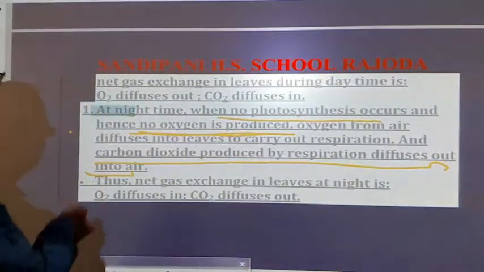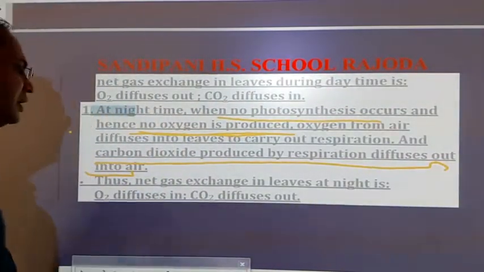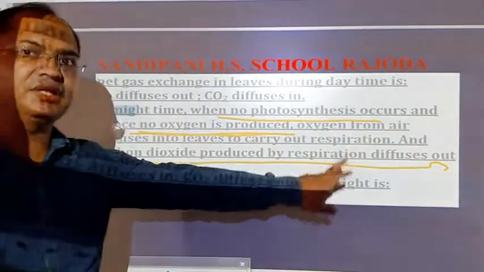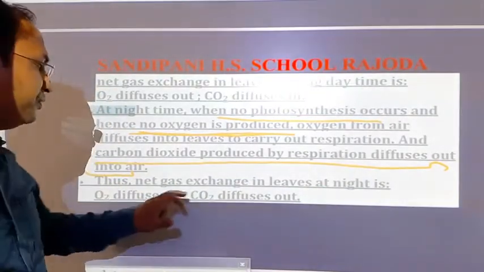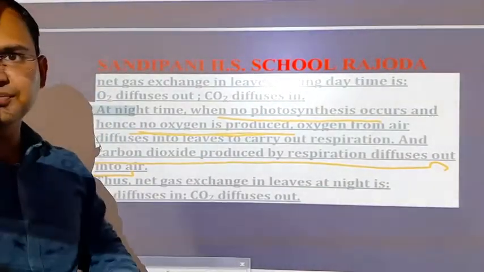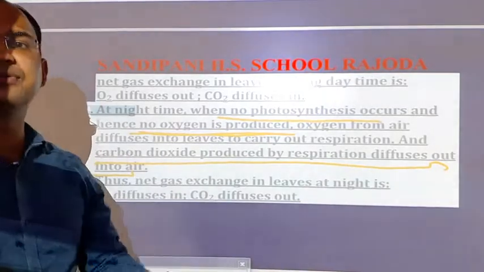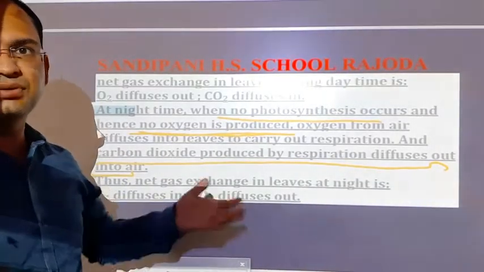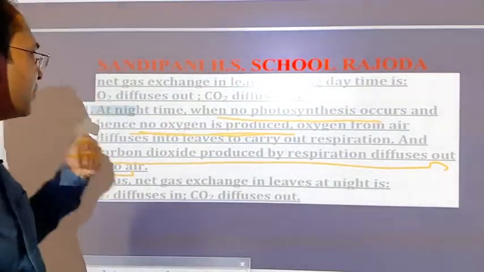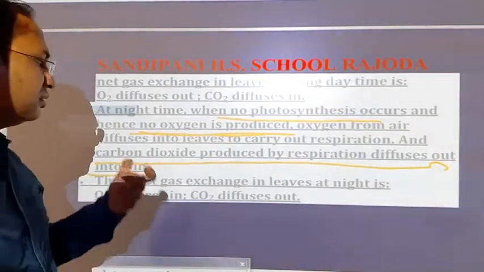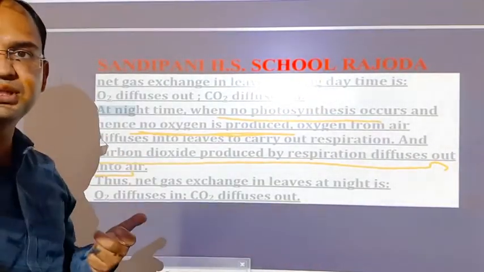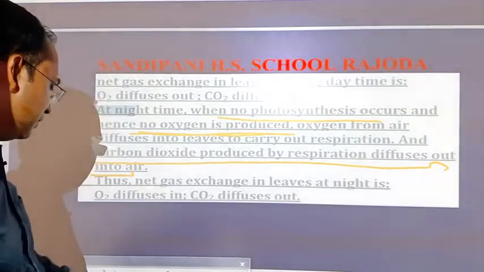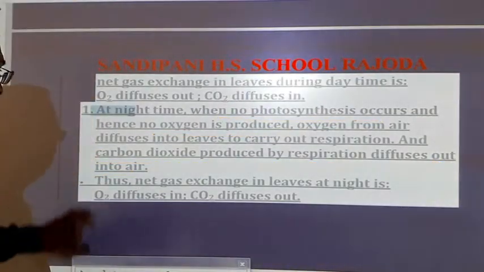So students, during the night, the net gaseous exchange in the leaves is O2 diffuses in and CO2 diffuses out. The ratio of both is the net amount of gaseous exchange that takes place during the night time. Once again, you can revise it.